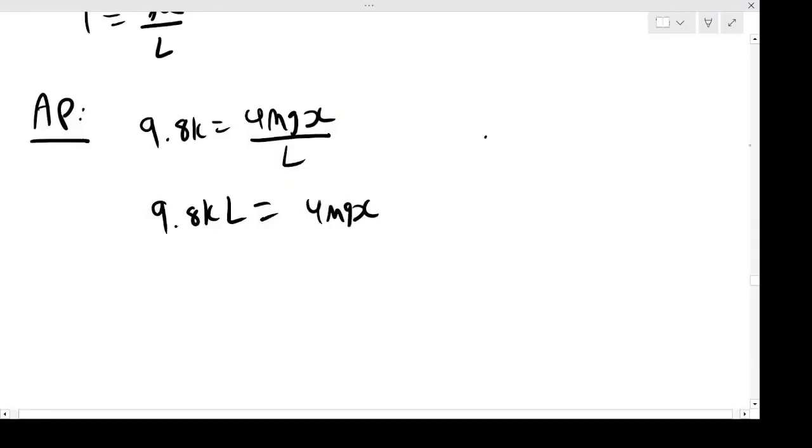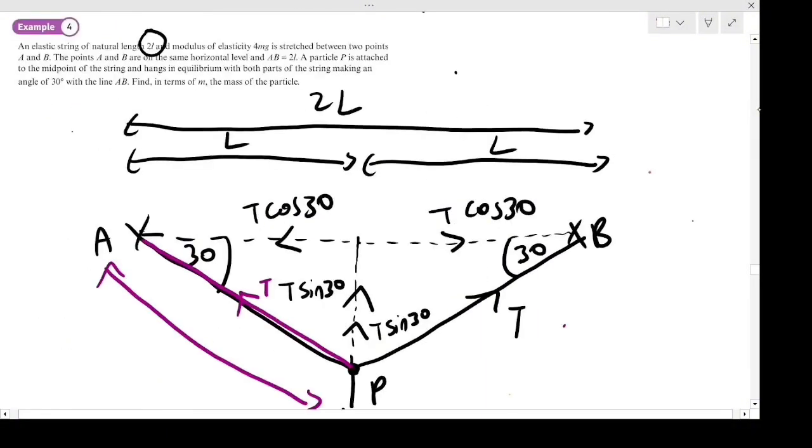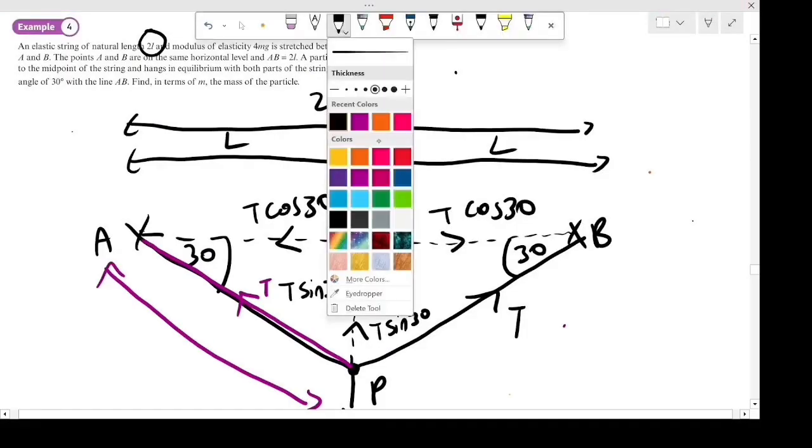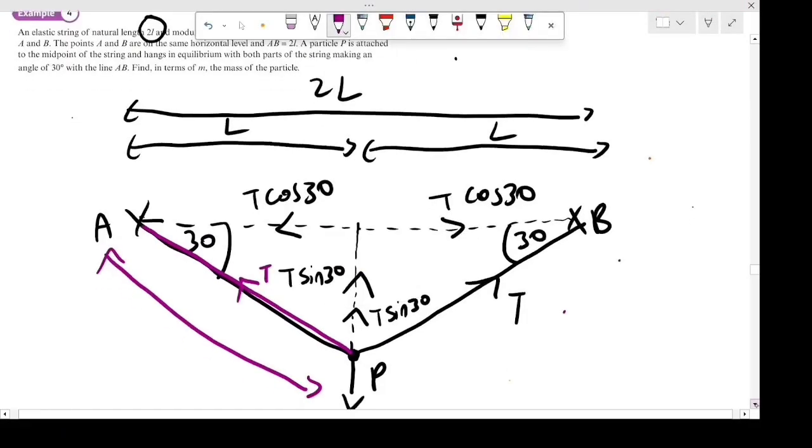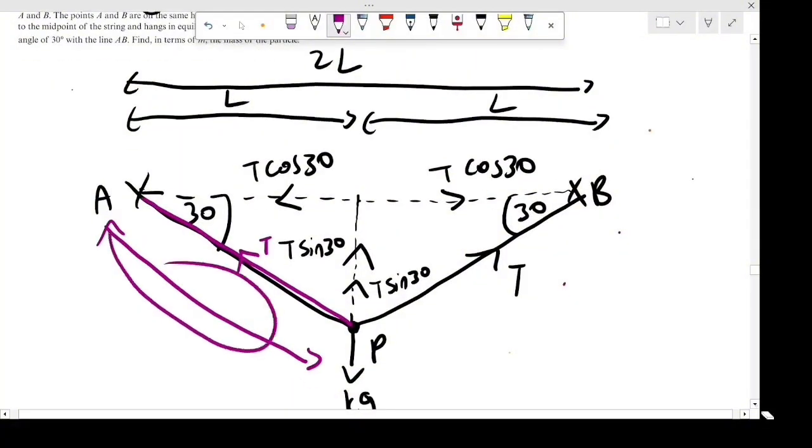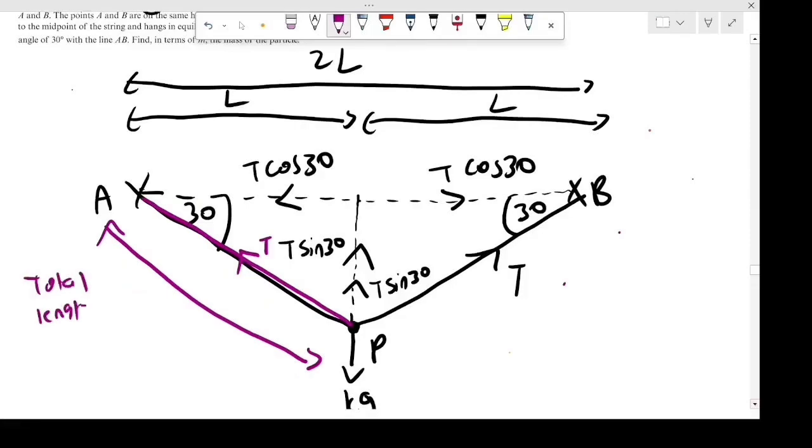I'm going to need to find the extension X for the string A to P. Now again, like with the last example, this length here is the total length from A to P. So this is the total length of the string A to P. So if we want to find the extension of the string from A to P, we're going to need to find this total length here.